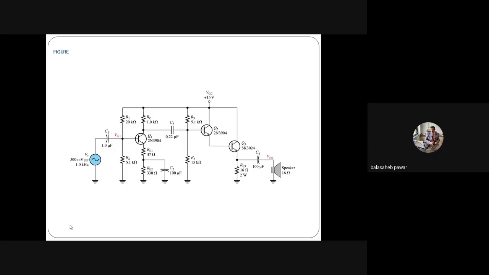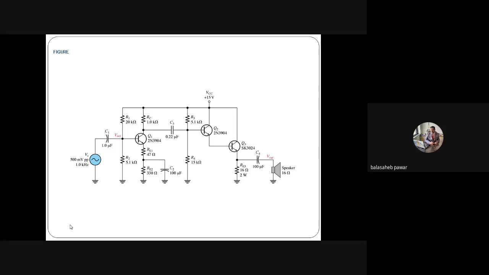You are already familiar that the gain of an inverting amplifier depends on the externally connected feedback resistor and the input resistor, that is RF and R1. So for an inverting amplifier, the gain is minus RF by R1, is it? To have the same gain, see, for this amplifier, whenever it processes a 500 millivolt peak to peak signal, for example, if we got an output of 5 volt peak to peak, we can calculate the gain, right?